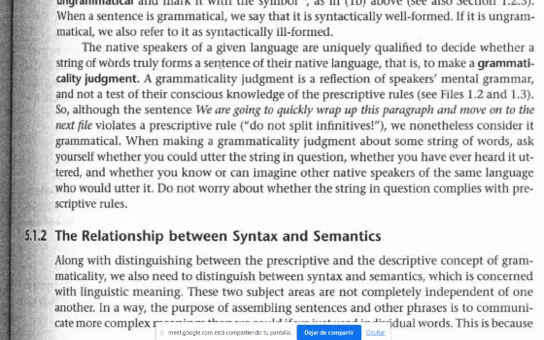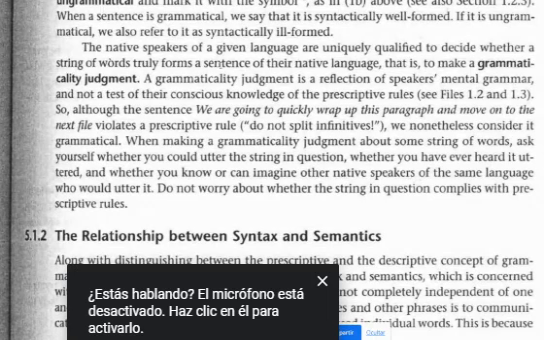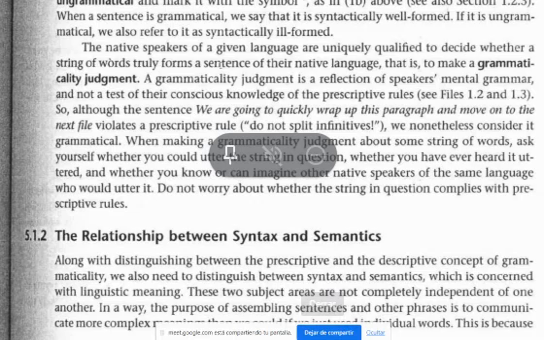When making a grammatical judgment about some string of words, ask yourself whether you could author the string in question, whether you have ever heard it uttered, and whether you know or can imagine other native speakers of the same language who will utter it. Do not worry about whether the string in question complies with prescriptive rules. Okay, this that we are talking about is prescriptive and descriptive.